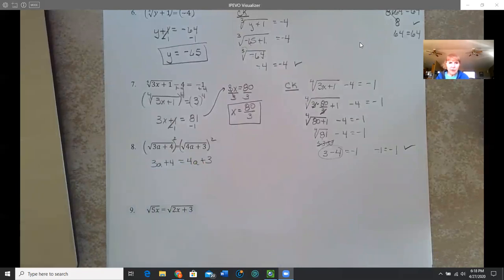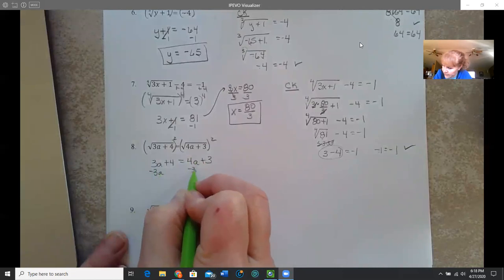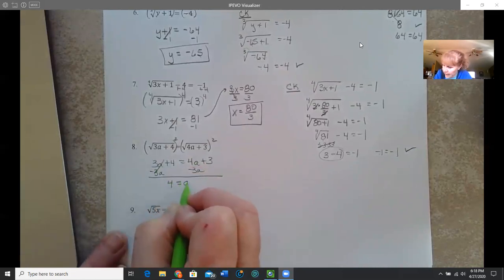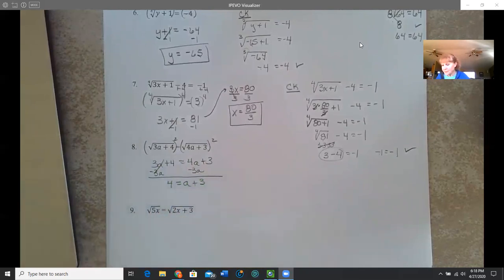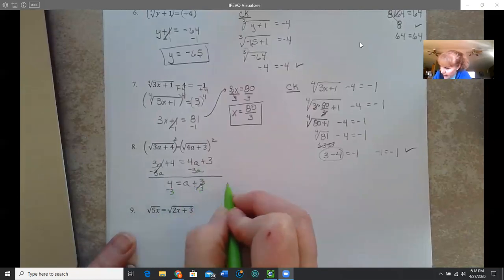So choices here, either subtract 4a or subtract 3a. Let's subtract 3a. Let's work with a positive. So 4 equals a plus 3. 4a and a minus 3a is a. Subtract 3. A is 1.